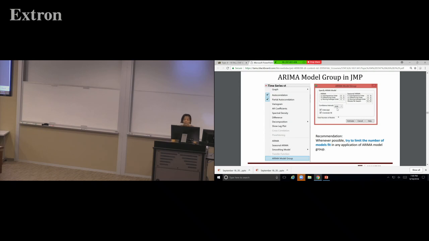What we end up with, as you can see listed, is a total number of models of 9. Everybody okay with this idea? We have 3 possibilities for the autoregressive order, 0, 1, and 2, and 3 possibilities for the moving average order, giving us a total of 9 models that we can examine.